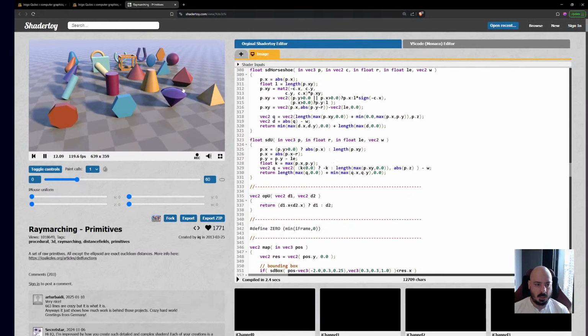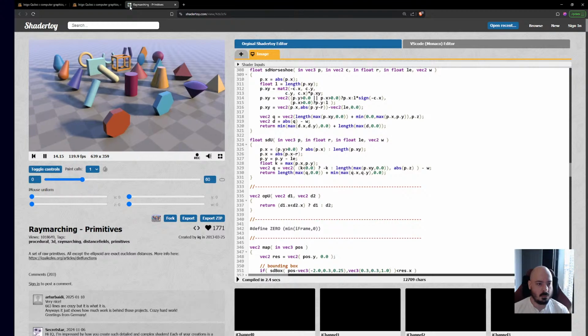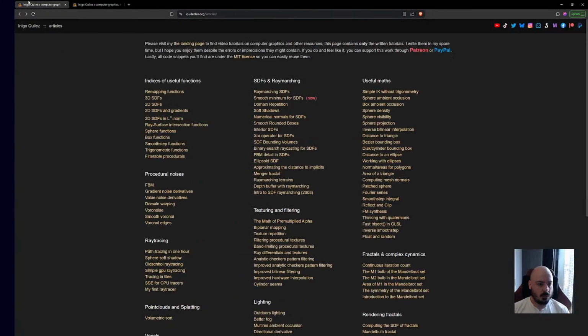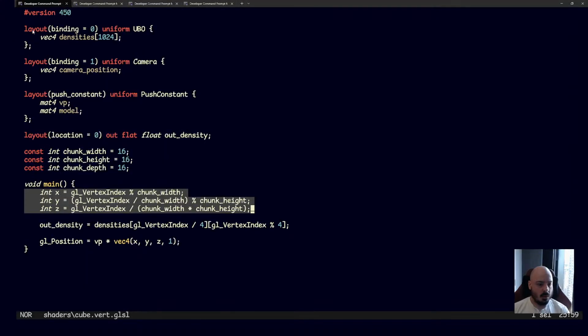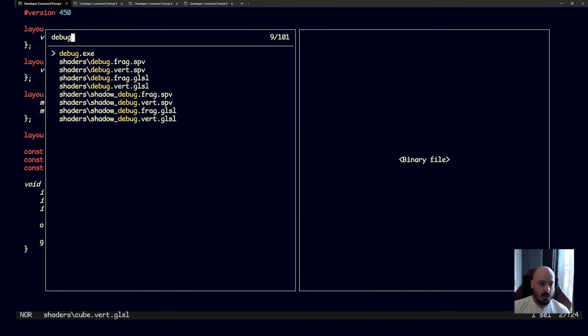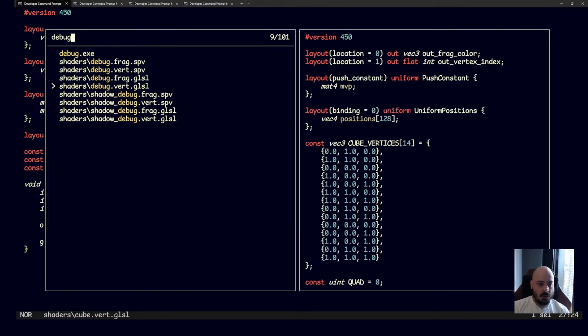So I don't really want to get into this yet. Yeah, okay, that's fine. We'll see if we can just draw cubes, eh? So drawing a cube, we actually have a way to draw cubes already. It's in the debug shader.